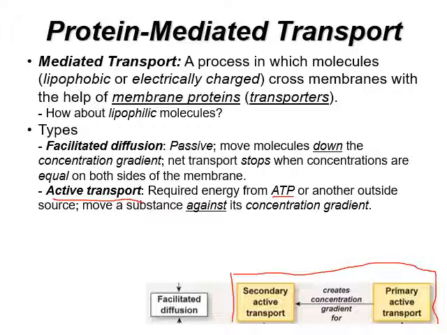Whenever you see active transport, the molecule is going against the concentration gradient, from low to high. Whenever you see the word diffusion, it means the solute is going from an area of high concentration to an area of low concentration.